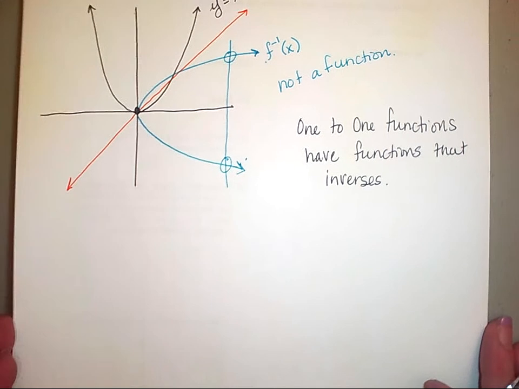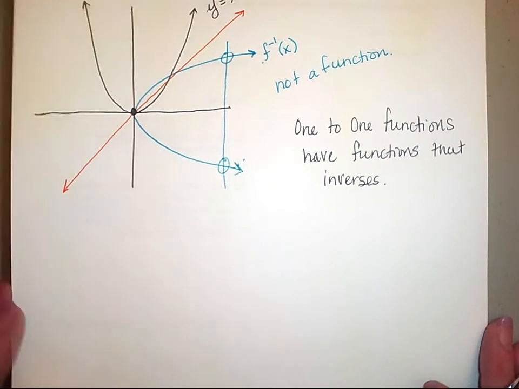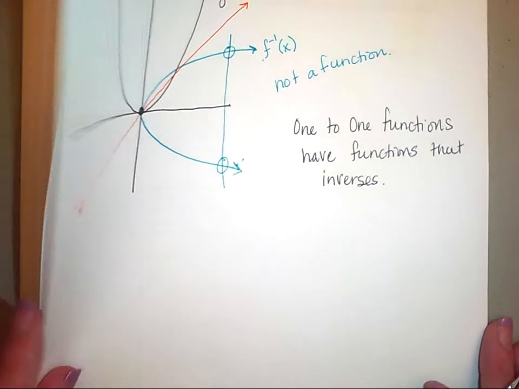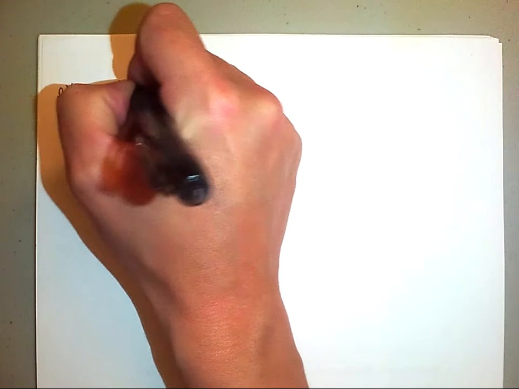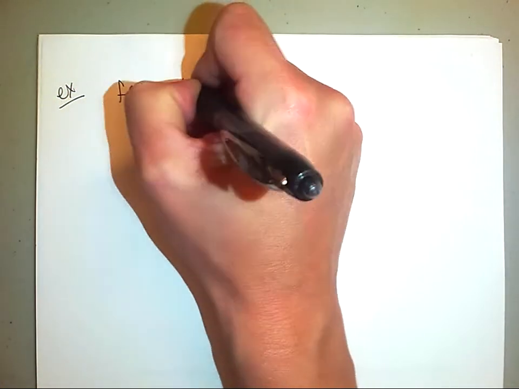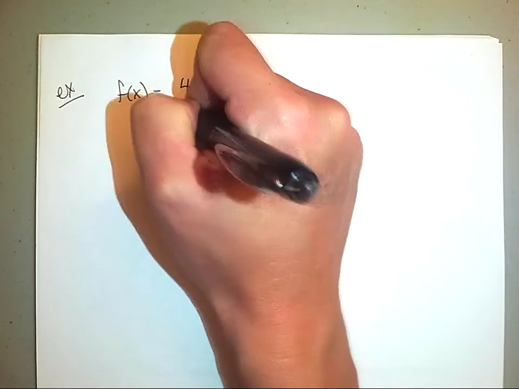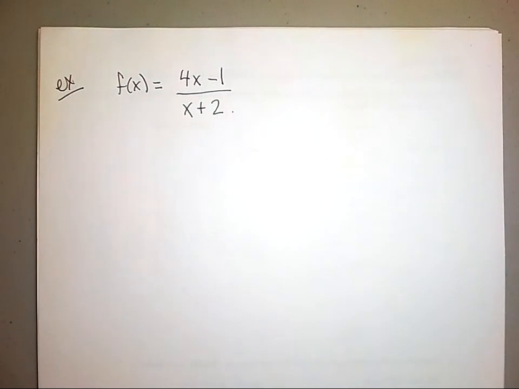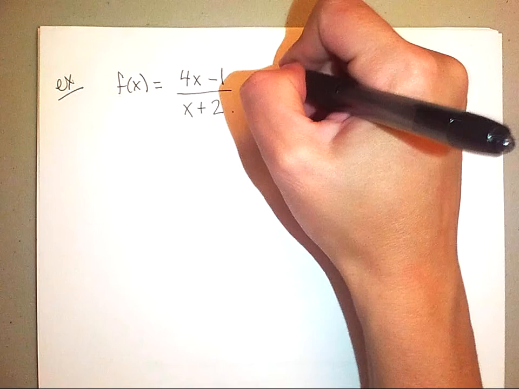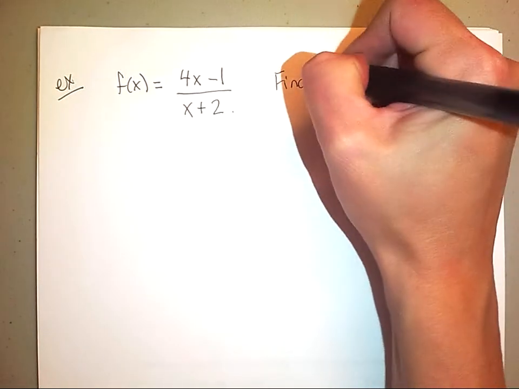All right, let's find the inverse of a rational function. So let's say, for example, that we have f of x, which is equal to 4x minus 1 over x plus 2. This is a rational function. And let's find the inverse, find the equation.